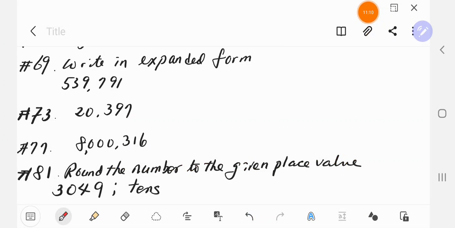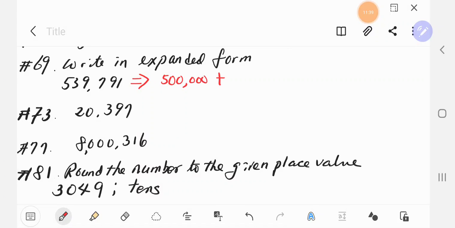Okay, number 69. Write the number in expanded form. So when we write an expanded form, let's start from the digit 5. So this is 1,000, 10,000, 100,000. So when you write this in expanded form, write down 5 and fill the other digits with zeros.